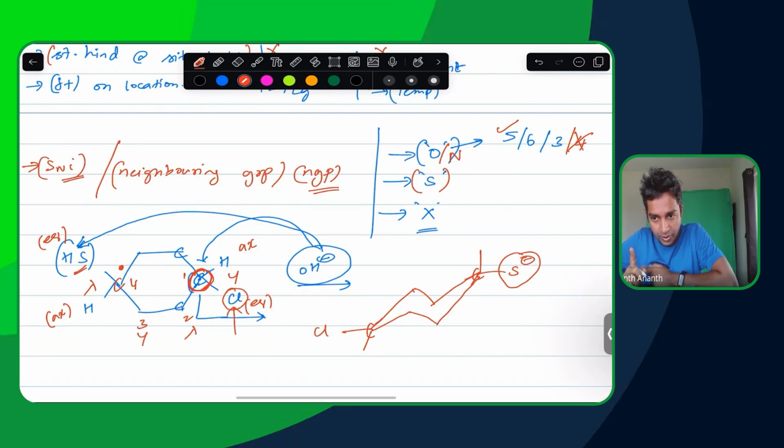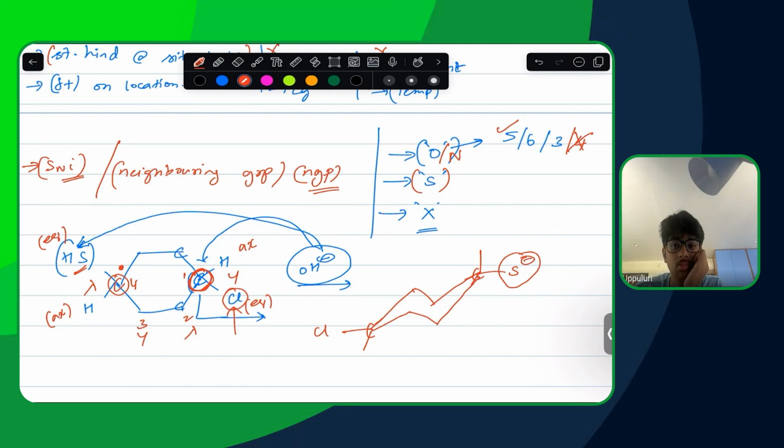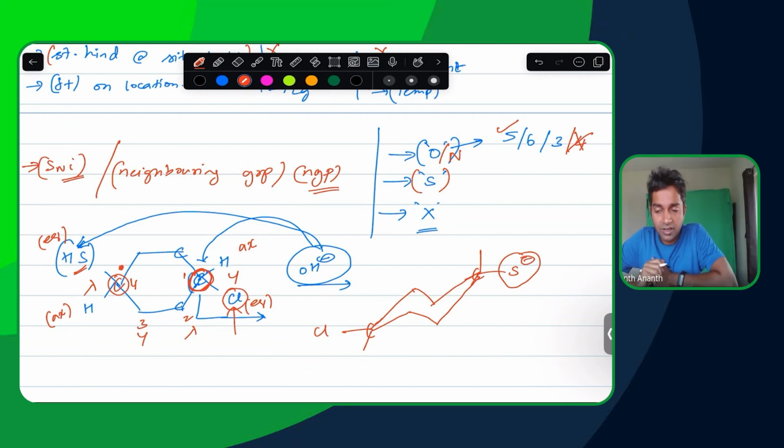That is one possibility, and it is not a bad possibility. Or I can have attack happening here on this carbon number 4. Or I can have the bicyclic ring just staying as it is.